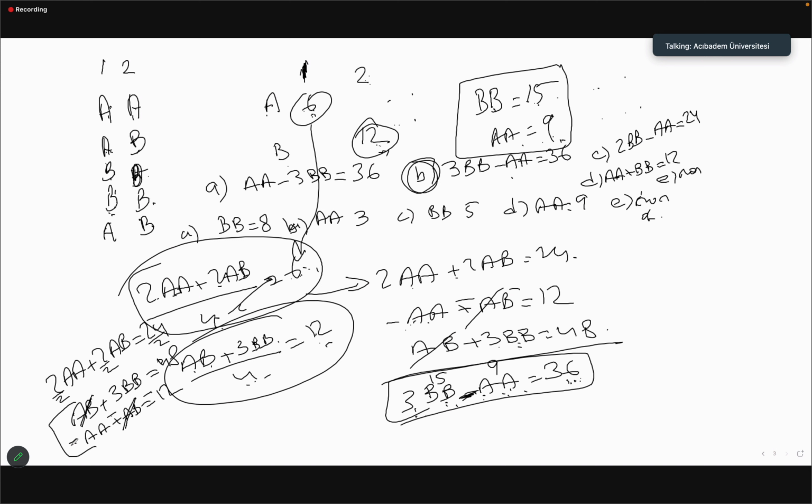I will have minus AA plus 3BB is equal to 48 minus 12, which is 36. So that means 3BB minus AA should be equal to 36. Because I canceled out AB's to find the relationship between BB and AA. That's why it's minus. I subtracted this from this one.